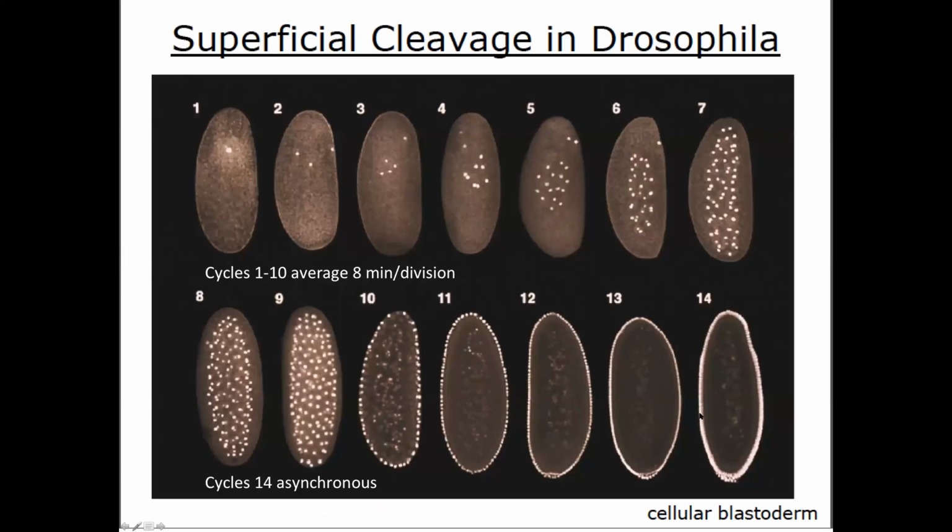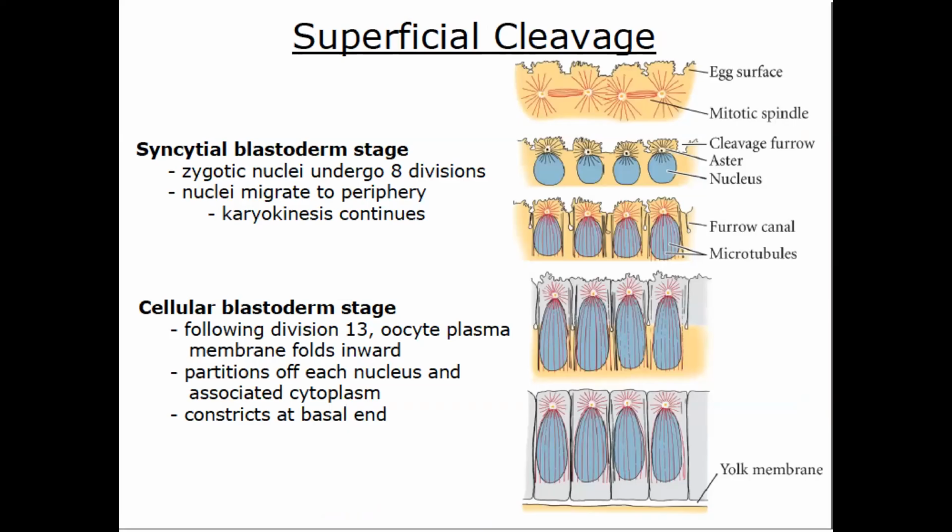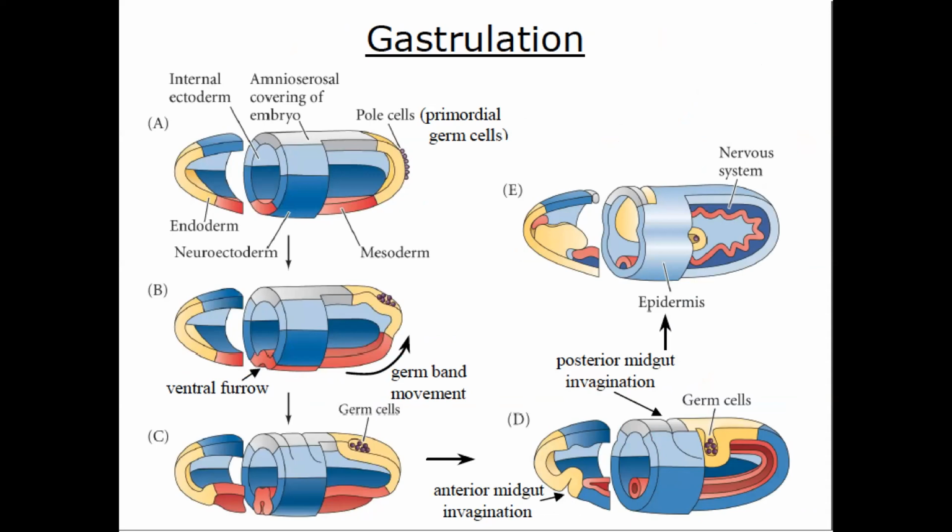Now this is where the next stage of development starts off, which is gastrulation. Woodward has a famous saying that one of the most important things in development is that you have to gastrulate, and if you don't gastrulate, then essentially you cannot develop.